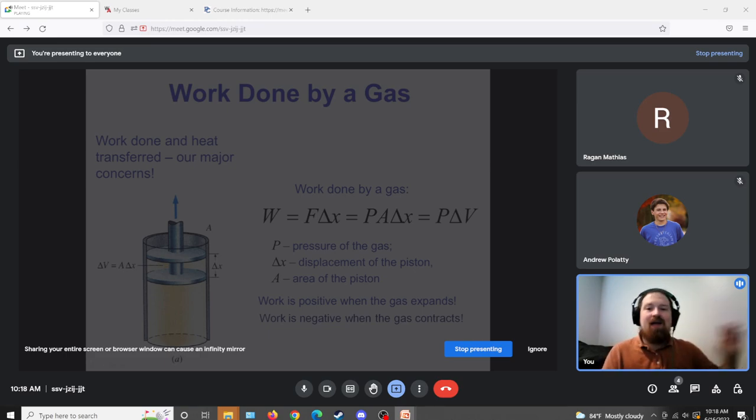We've been applying that to the work that various machines are able to accomplish, primarily using pistons as an example, since it's the textbook situation where you add thermal energy to a gas, it expands to do work. We're going to look at an additional formula that will help us measure how much work a piston is able to do as you heat it up, as the gas inside of it tries to expand.